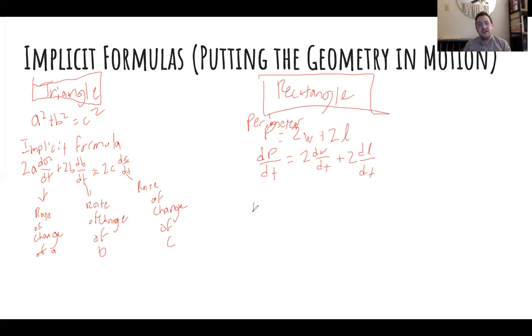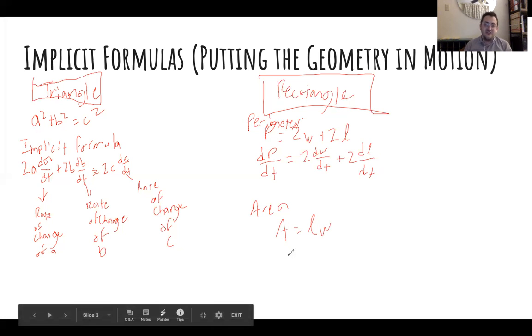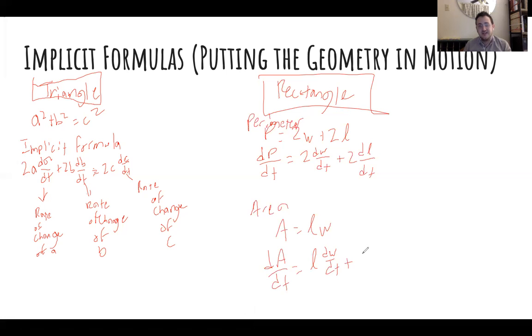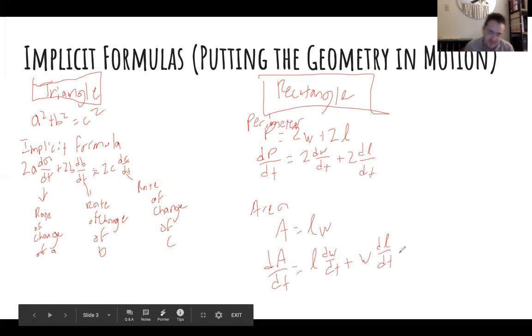And then the area of a rectangle formula, your famous length times width, is pretty much the product rule. So consistently, we use length times dW/dt plus width times dL/dt.